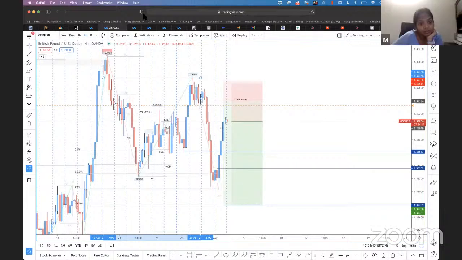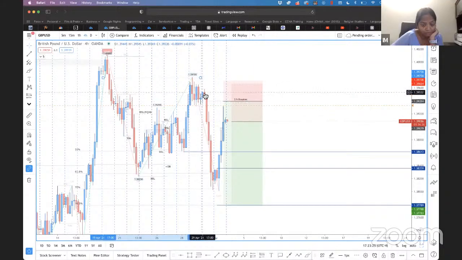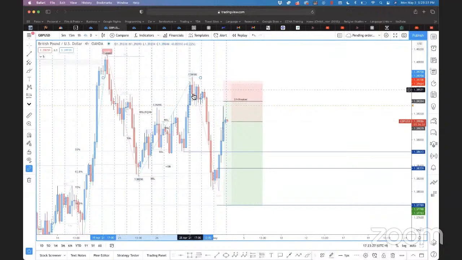So you would consider order block to both candles, this larger one and these two candles. You will notice they cascade them sometimes.